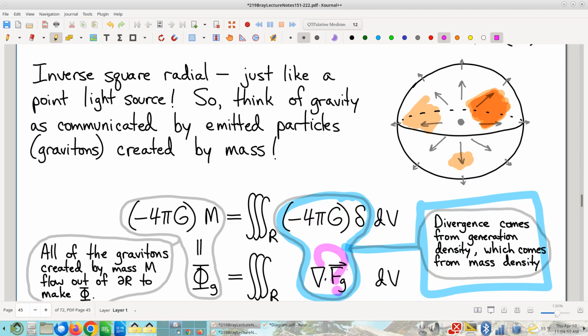Oh my gosh, this would be brutal. Every single particle of mass, like this little red particle right there, creates its own gravitational field that's ugly to write down.